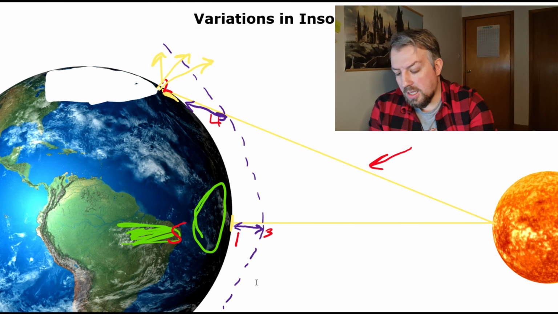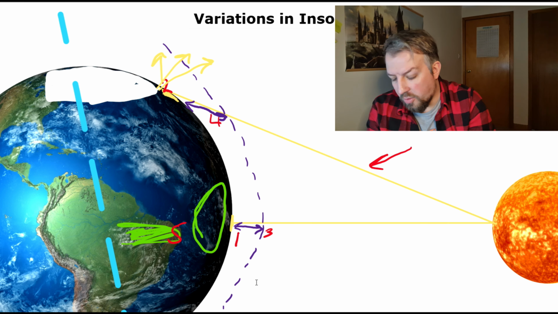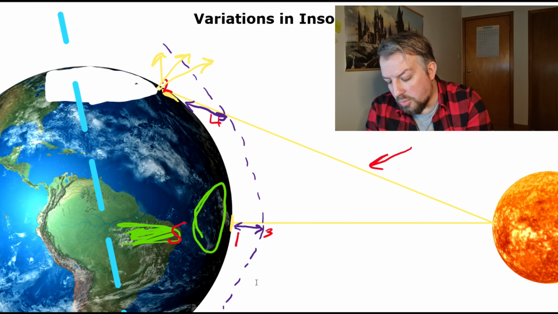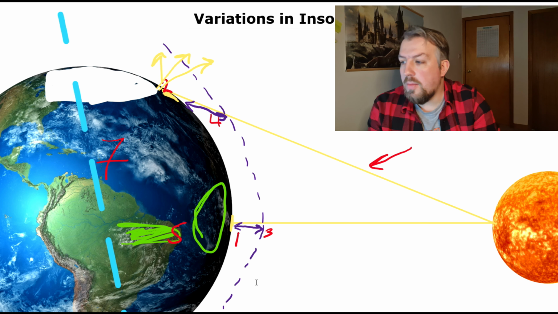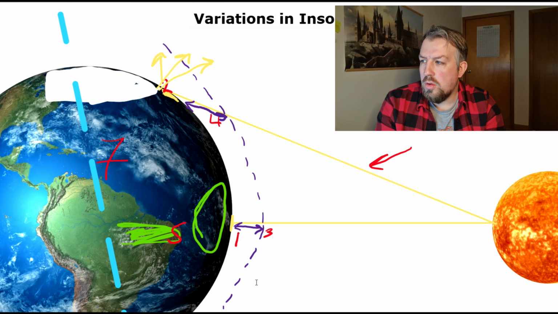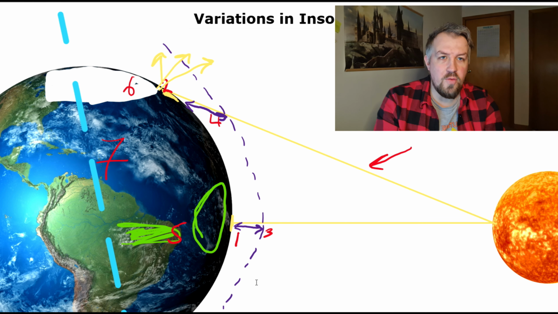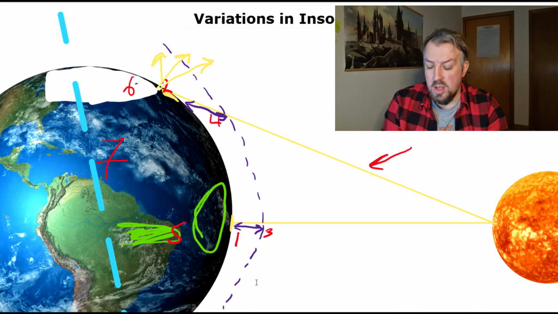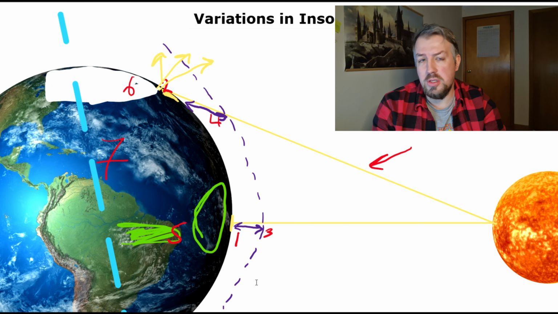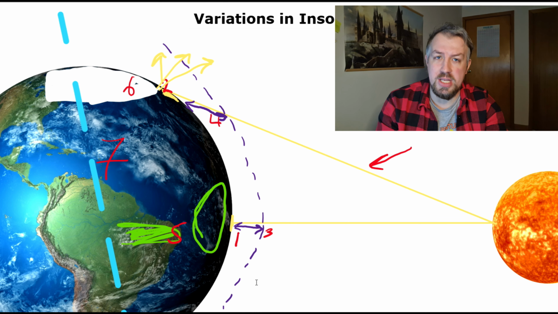So what we can add in is we can put another dotted line through for our Earth's axis and label that up as number 7, so that we have all of our 7 features there. So that is the variations in our Earth's energy surplus or deficit.